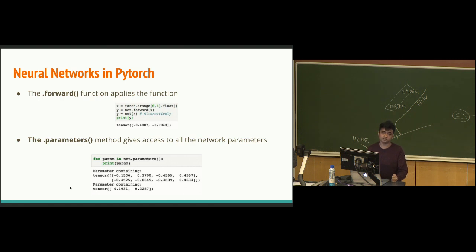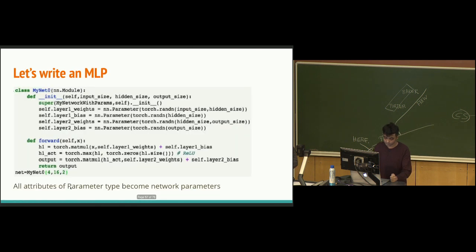So now we will actually build a toy neural network using Pytorch. Here we first inherit from the nn.module class, and let's say we want to have two layers. So we have 2 sets of weights and biases for each layer, and then in the forward method, we have one input which is x.